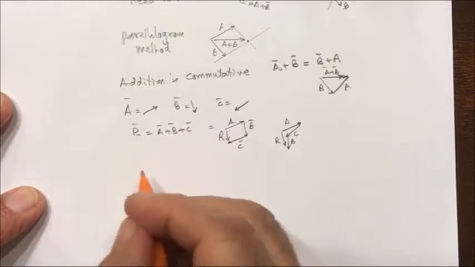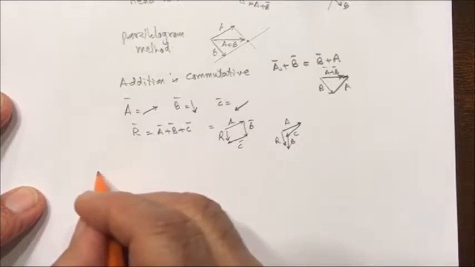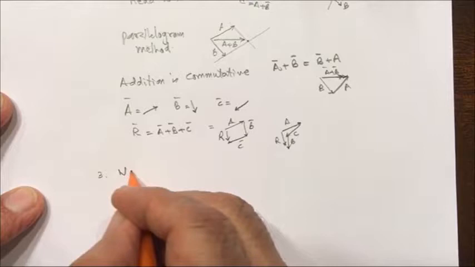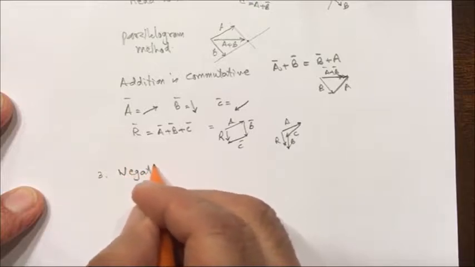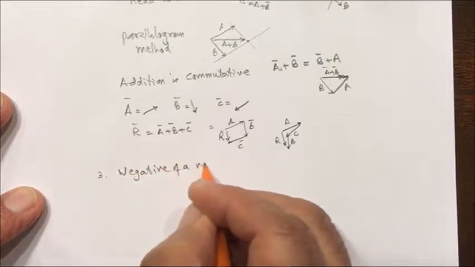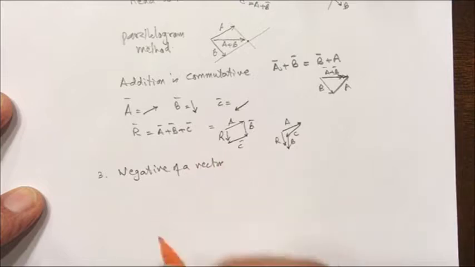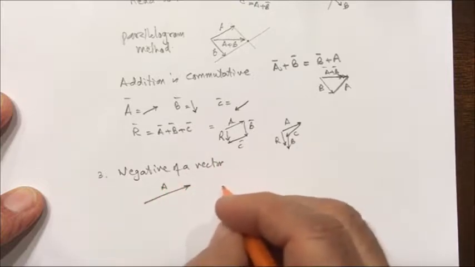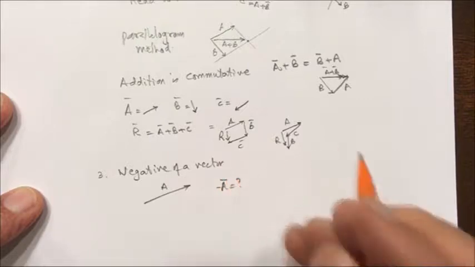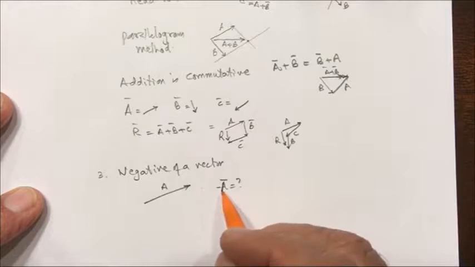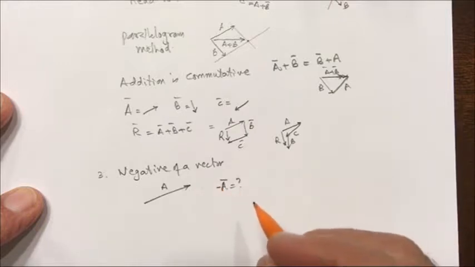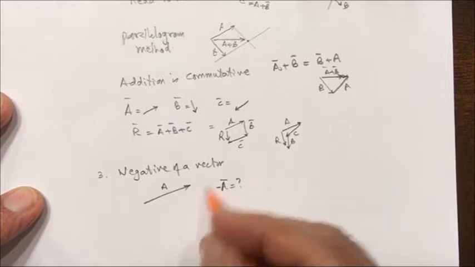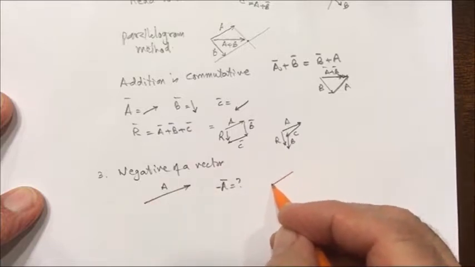Now the next thing is the negative of a vector. So if you have a vector A that's like this, then what's the vector minus A? In this case, we're multiplying the vector with a negative number, and what that does is it flips the vector over.